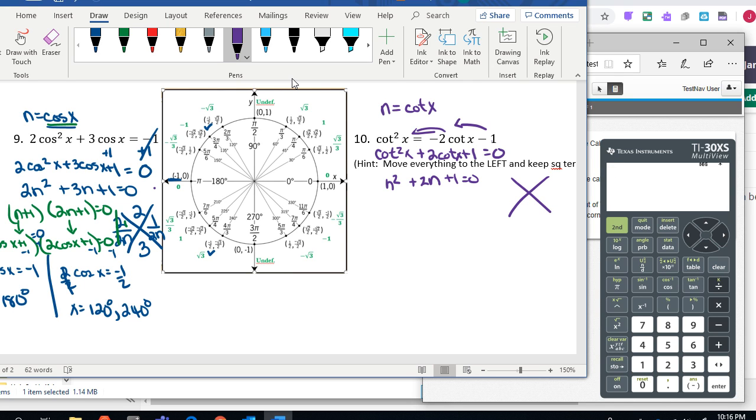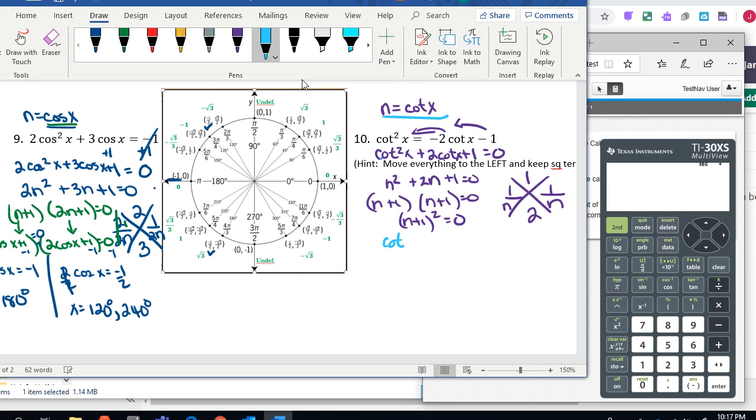All right, this gives me 1, and this gives me 2. So 1 times 1, and this is over n. Would you look at this? I end up with n plus 1 times n plus 1 equals 0, or n plus 1 squared equals 0. But we don't just have n, we actually have n is the cotangent of x.